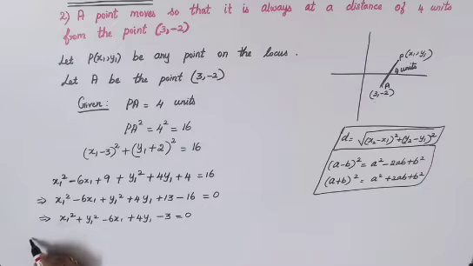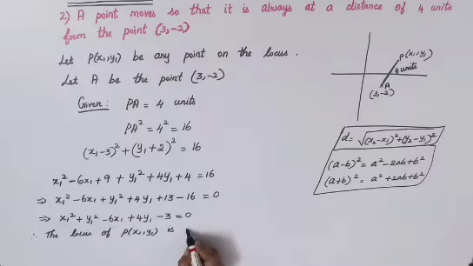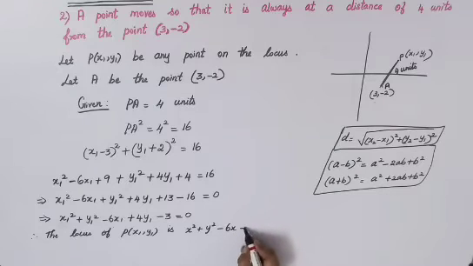Now you will have to write your locus. Therefore the locus of P of x1, y1 is, removing all the x1, y1 and writing x and y, x square plus y square minus 6x plus 4y minus 3 is equal to 0. So this is the answer for your second question.